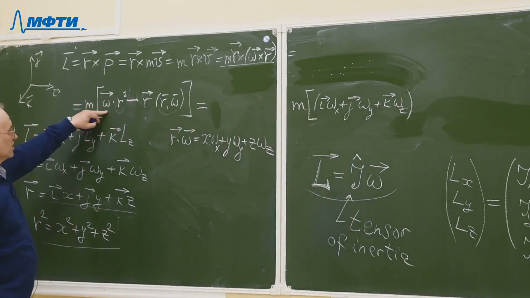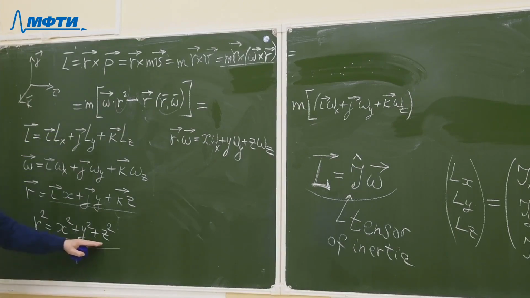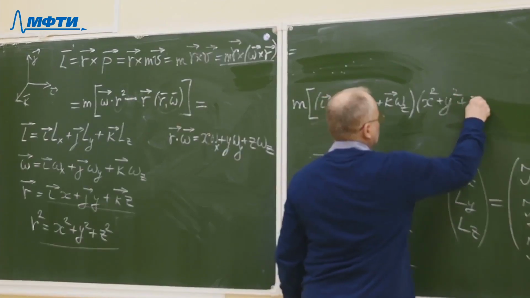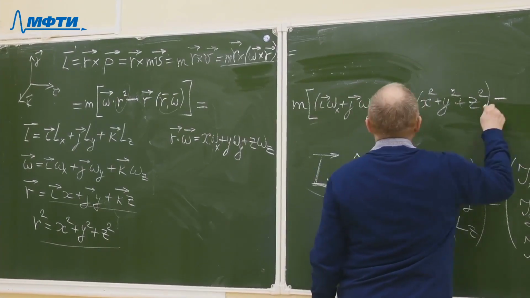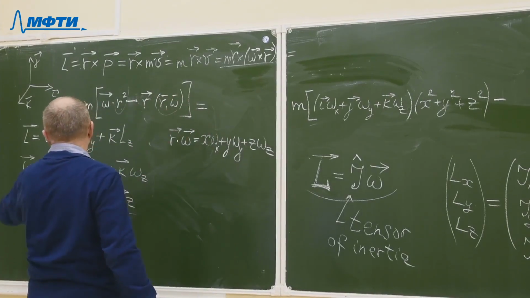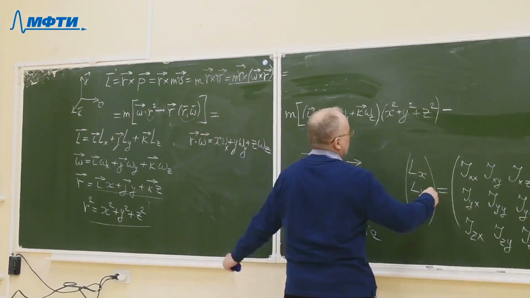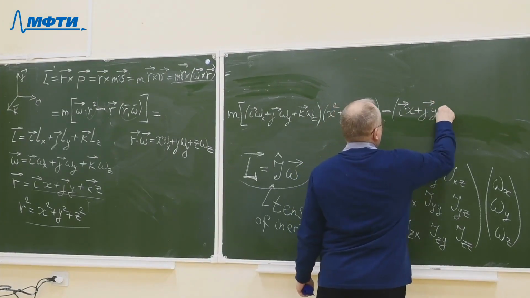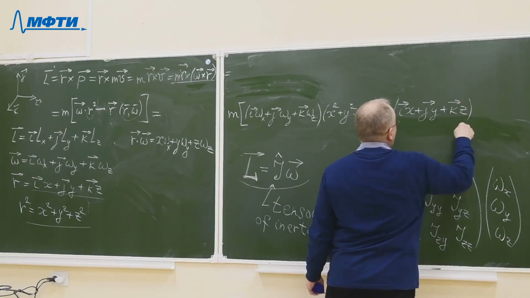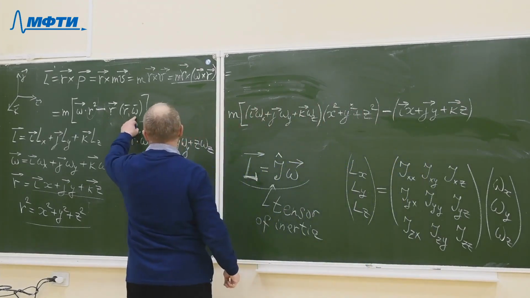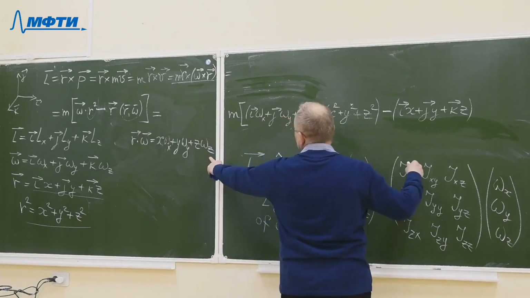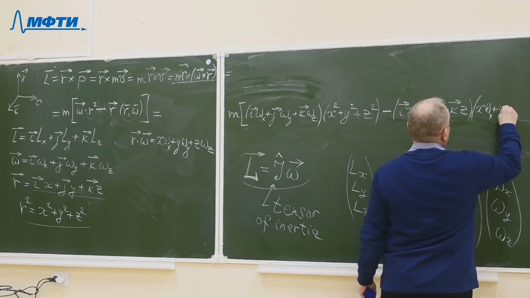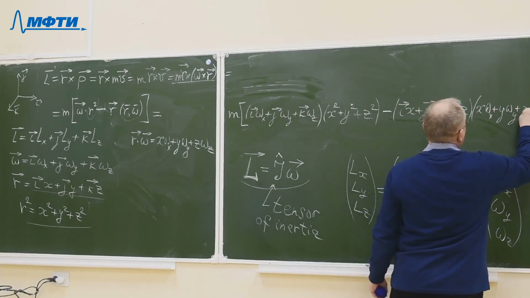And this vector omega should be multiplied by r squared, which we have already found, x squared plus y squared plus z squared, minus vector r, which is known to us, i x plus j y plus k z, multiplied by the scalar product r omega, which is also calculated here, x omega x plus y omega y plus z omega z.